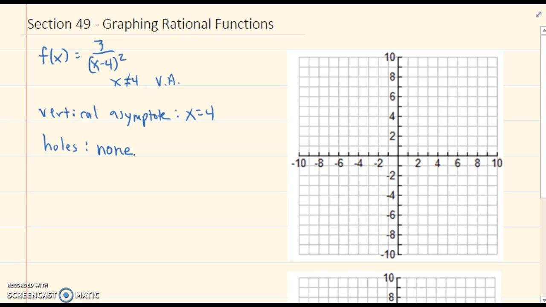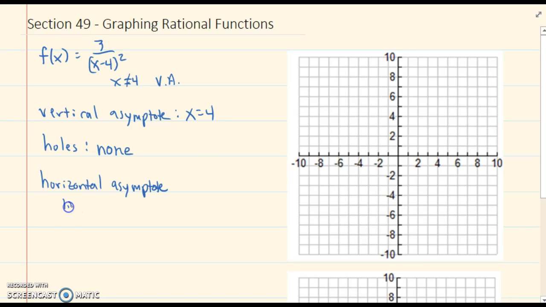Then I'm looking for horizontal asymptotes. So for a horizontal asymptote, that's why we were doing limits as x approaches infinity in the last video, because that's the definition of what a horizontal asymptote is. As the function goes to infinity, what is it leveling off, or what is it approaching, if anything?